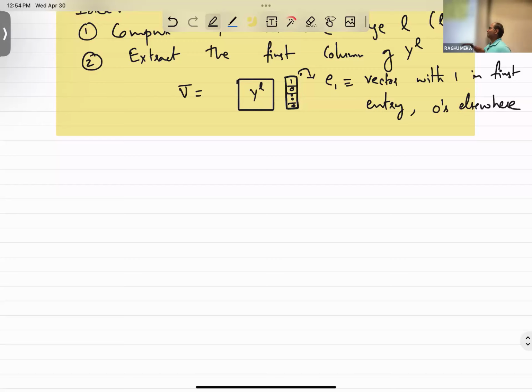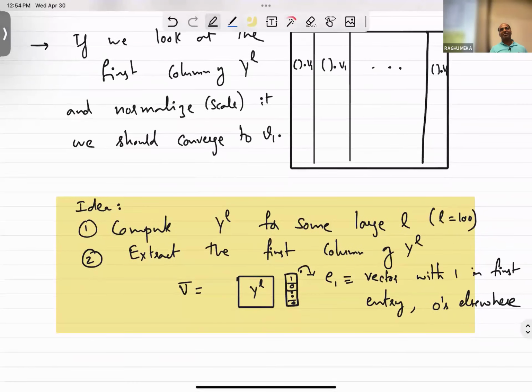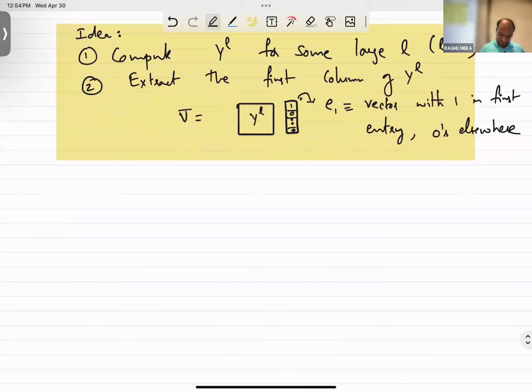Of course, the first column is nothing special. You could have chosen the second column or the third column. All of them are proportional to V1, so you could have picked any particular column. Here we're just picking the first column by convention.